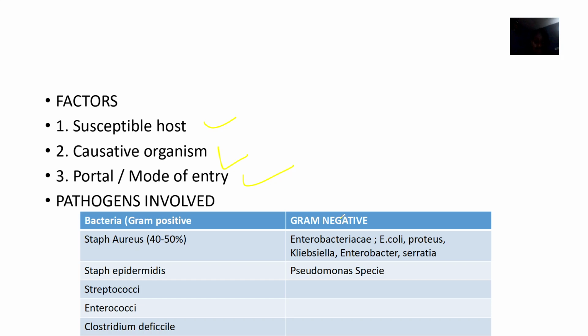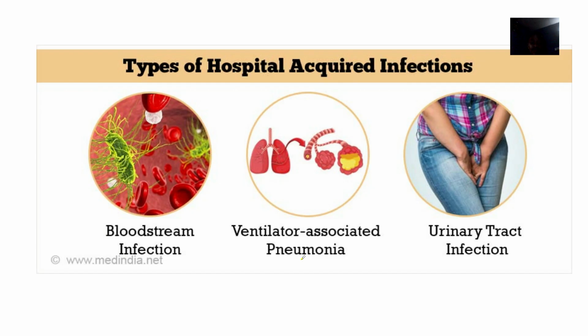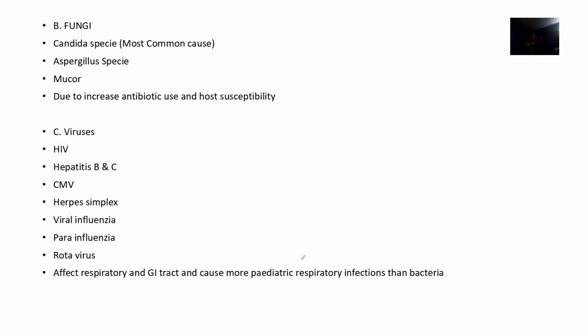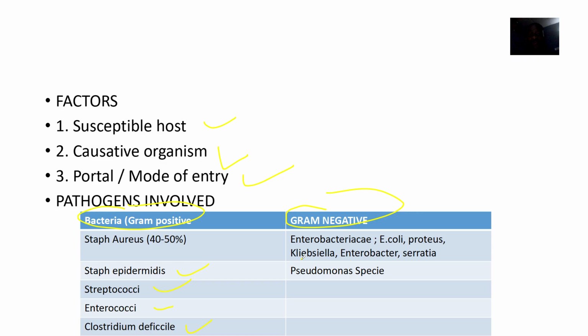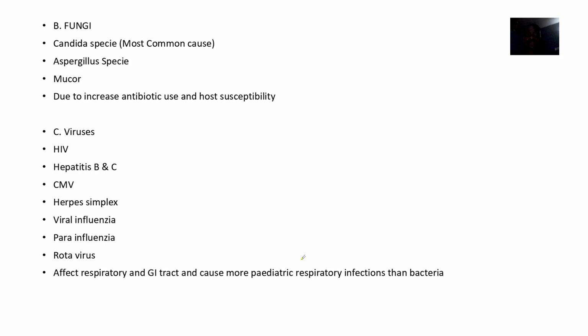Okay, so these are basically the gram-positive bacteria that are implicated in hospital-acquired infections, then gram-negative ones that are implicated in hospital-acquired infections. Staphylococcus epidermidis, streptococci, enterococci, Clostridioides difficile, and the rest of them. Okay, so we have examples of fungi. This one was bacteria. Okay, this is fungi: Candida species, Aspergillus species, mucor. Right.